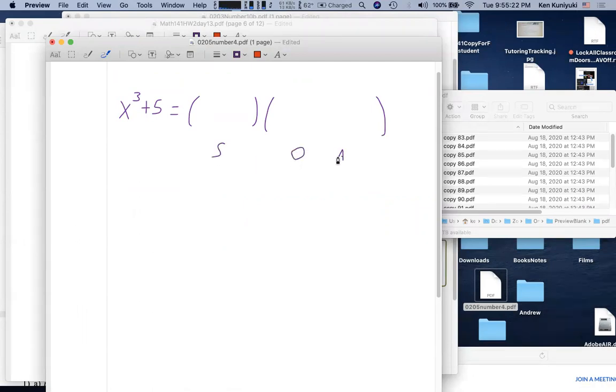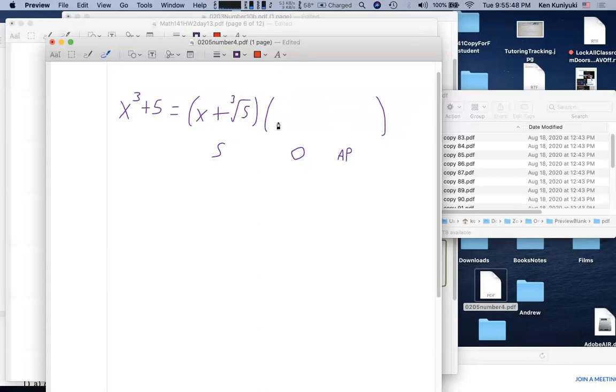The cube root of x cubed is x, same sign, plus sign. Now 5 is the cube of what number? The cube root of 5, correct, which is a real number, and you're allowed to factor over the reals.